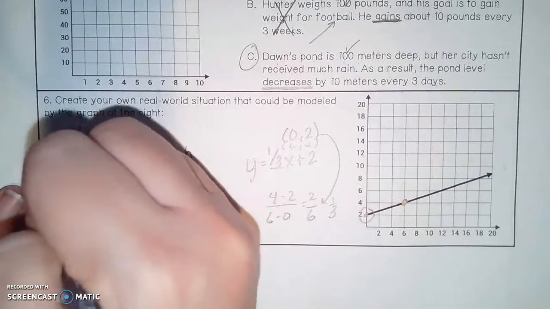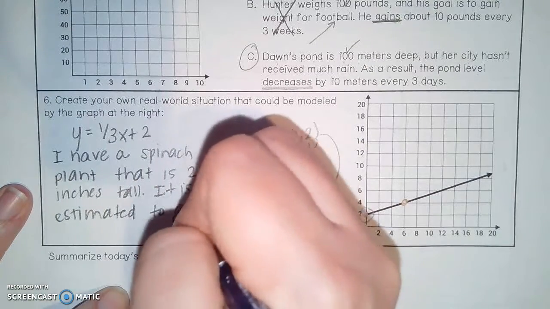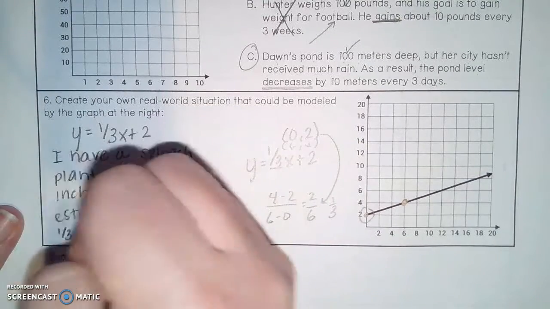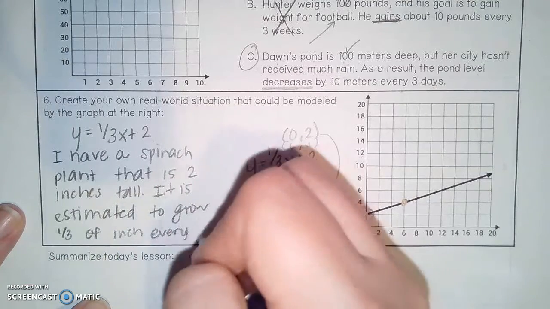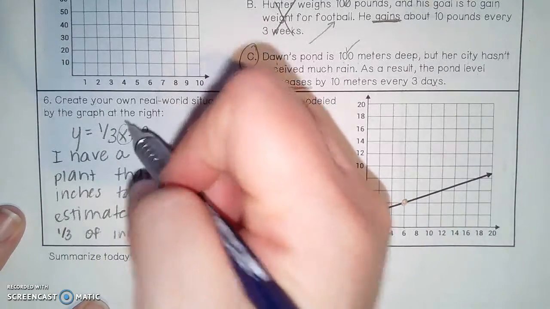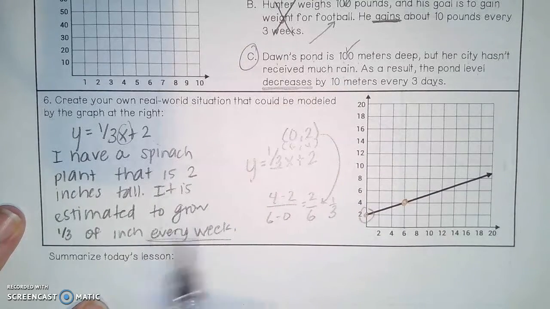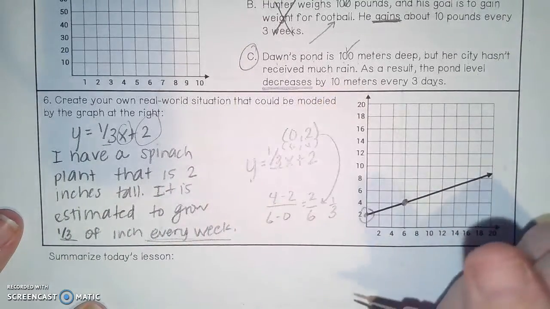It is estimated to grow 1/3 of an inch every week. Okay, so right now my x would represent how many weeks I have. My 1/3 is how much it's growing by. My 2 represents its current height.